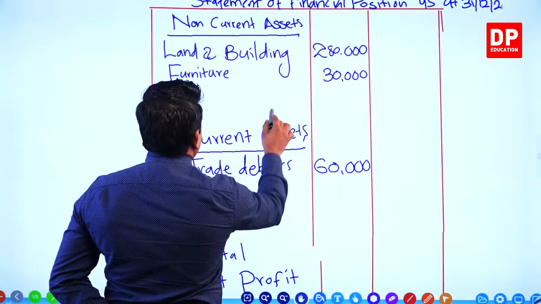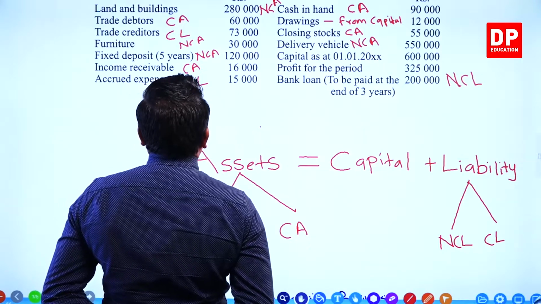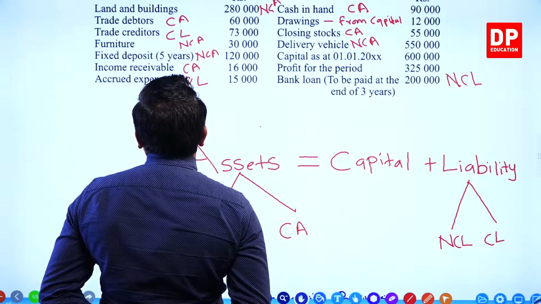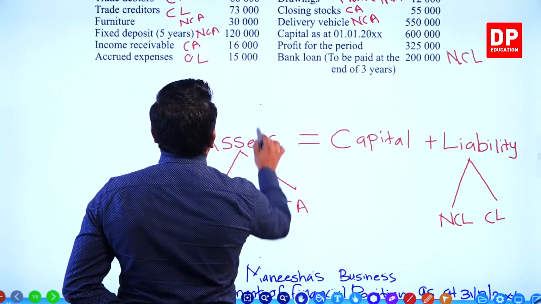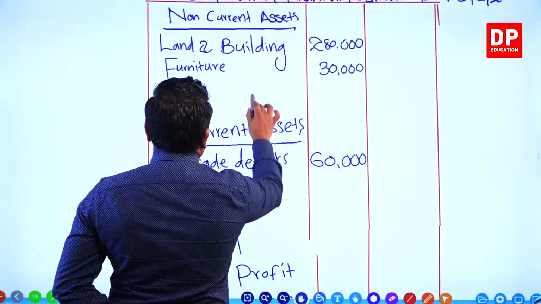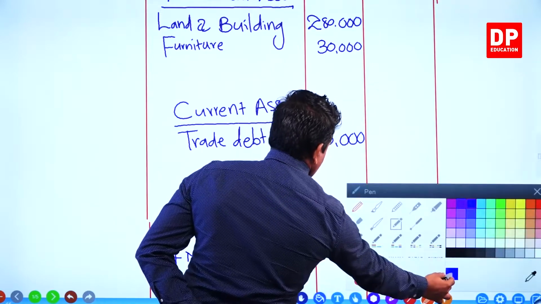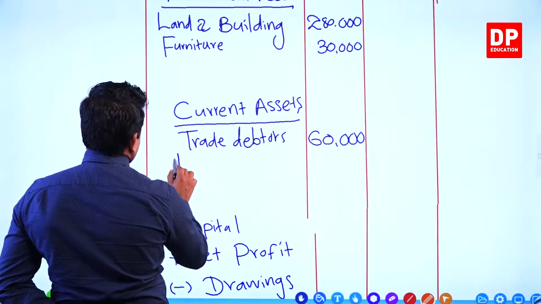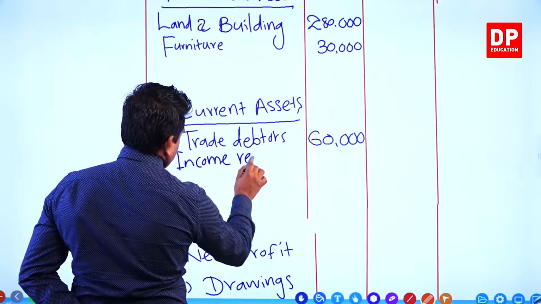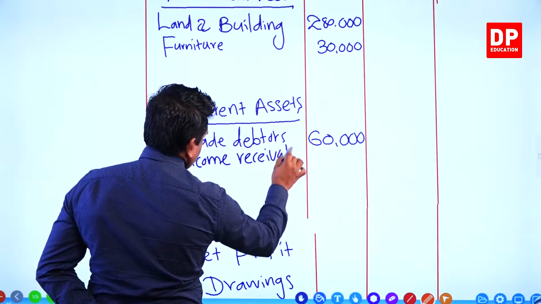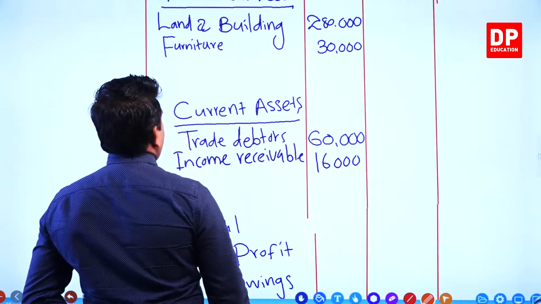Now, next details. Fixed deposits 5 years, 120,000. Income receivable 16,000. What's the other one they had?